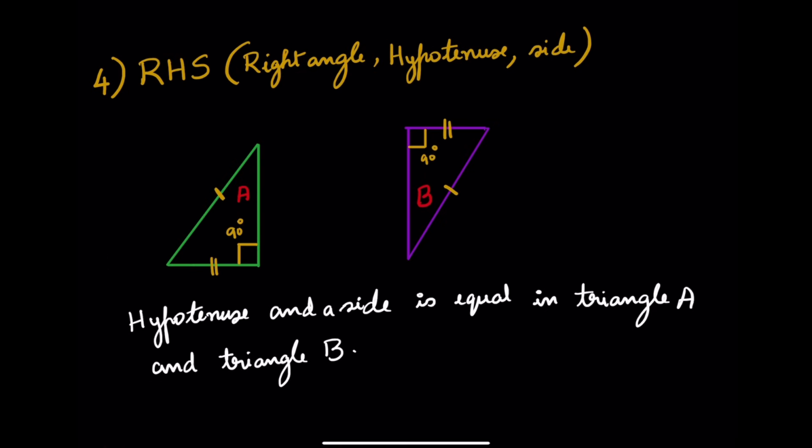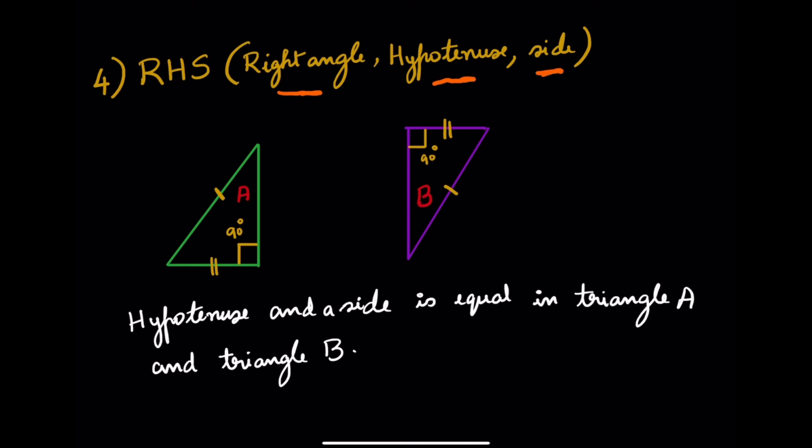Now the last criteria is RHS, which is right angle, hypotenuse, side. Here the congruency is defined between two right angled triangles, which means that one of the angles is 90 degrees. The hypotenuse should be equal and one of the sides should be equal in both the triangles.